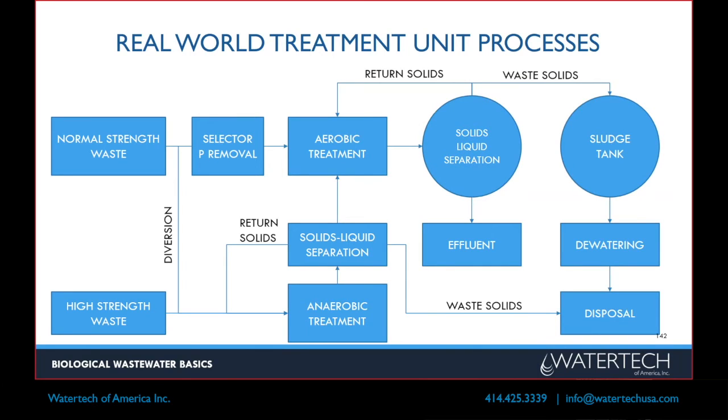This also is another customer of ours where they're running both aerobic and anaerobic. They'll take their normal strength waste, do some biological phosphorus removal in a selector tank, their aerobic treatment, SLS, and then sludge tank, so that we've seen already before. What they do though is they take their high strength waste, they still bring it down, but they send it right into anaerobic.